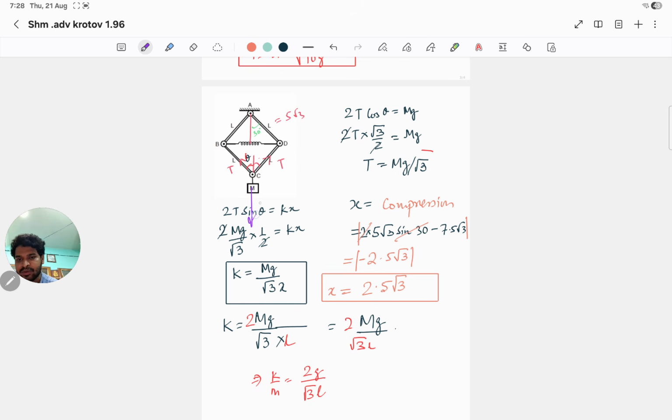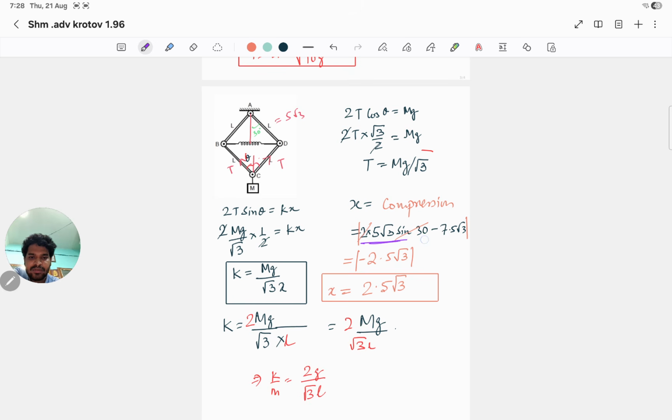Whenever the mass will come downward, what will happen? B and D will approach each other, and as they approach each other, the length of the spring will be shortened, and a compression will be happening. So x is equal to 2 into 5√3 sin 30 minus 7.5√3.